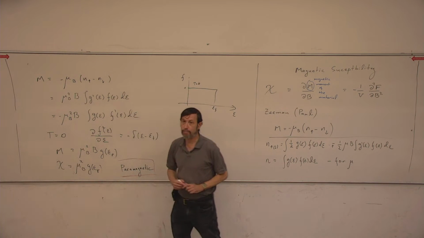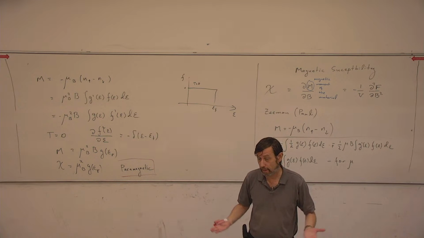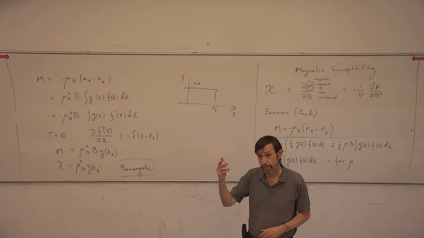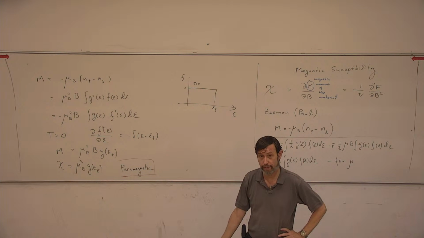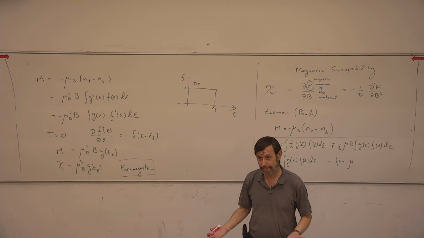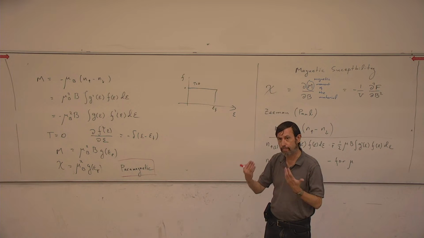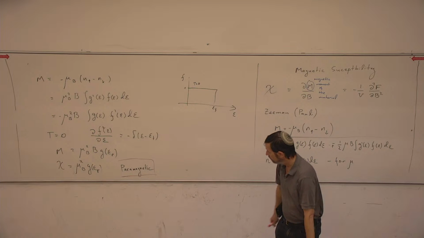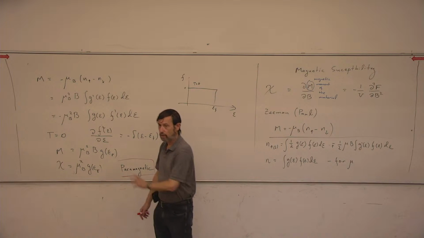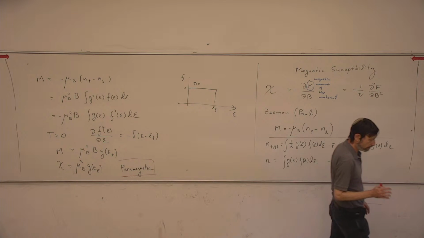Well, to know that it's paramagnetic, I didn't need this whole calculation. Just if the spins align in the direction of the magnetic field, it means that the magnetic field creates a magnetic moment in the direction of the field. Therefore, it's paramagnetic. Okay, so Zeeman effect is usually simple.